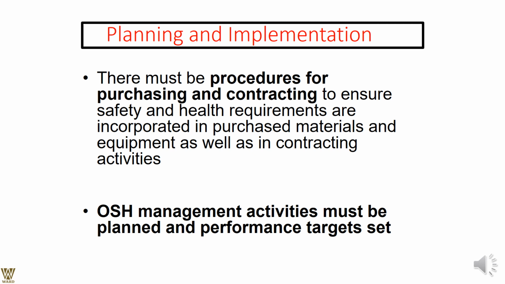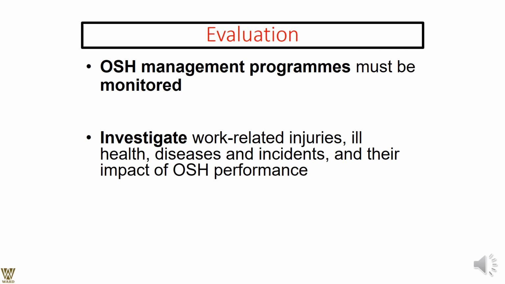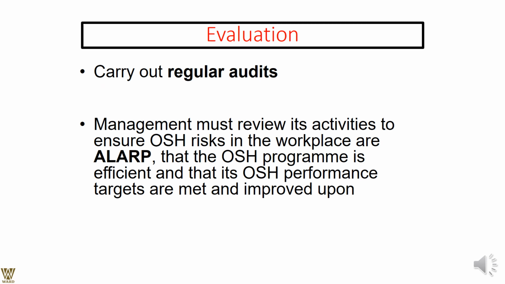Occupational safety and health management activities must be planned and performance targets set together. Our management programs and occupational safety and health issues need to be continuously monitored and reported. Investigate work-related injuries, ill health, diseases, and incidents, and their impact on occupational safety and health performance, every now and then.